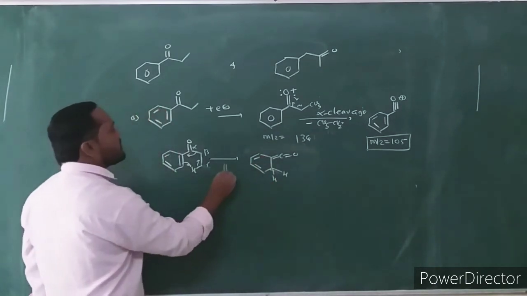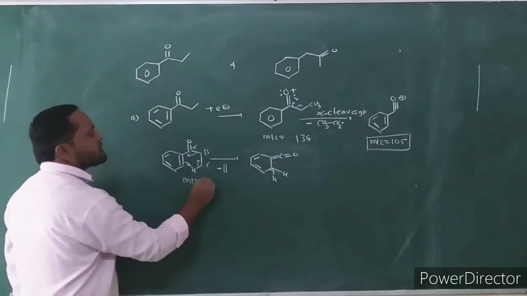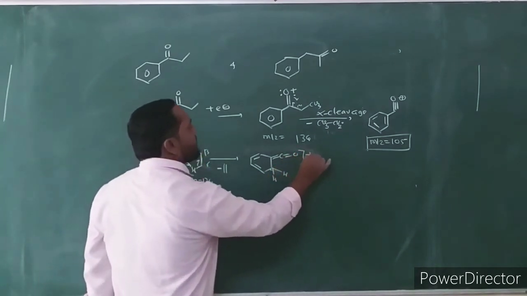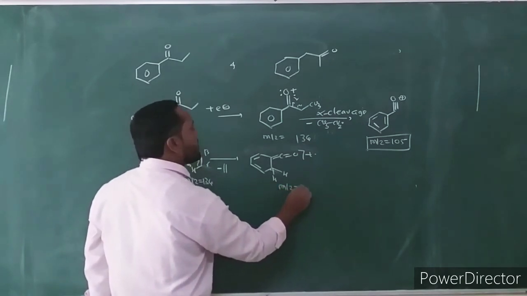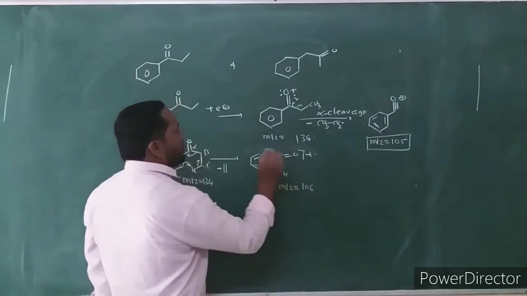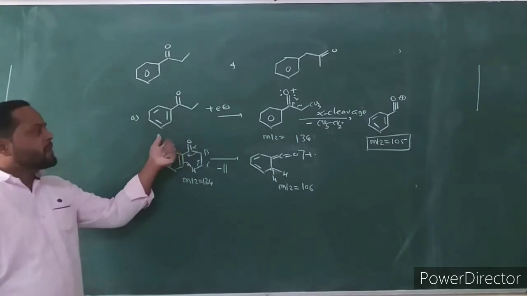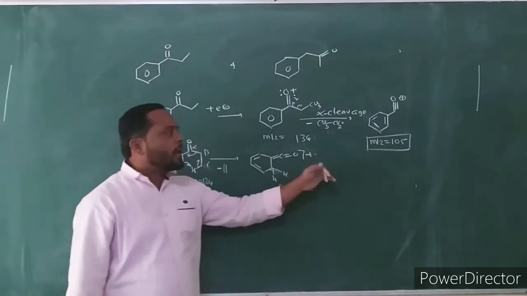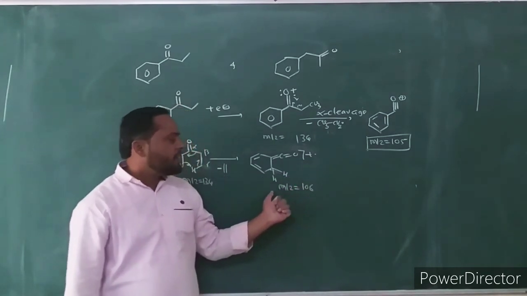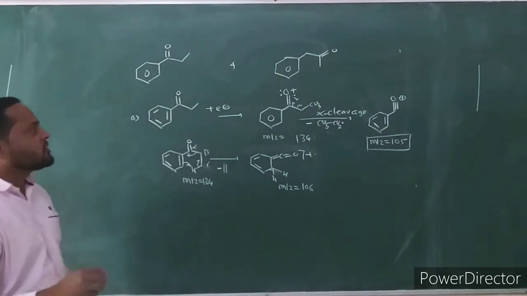The loss of ethylene occurs. 134 is the molecular mass, 134 minus 28. This McLafferty fragment ion forms at mass to charge ratio 106. So the mass spectrum of compound first gives two fragment ions: 105 due to alpha cleavage, and the second at 106 by McLafferty fragmentation.